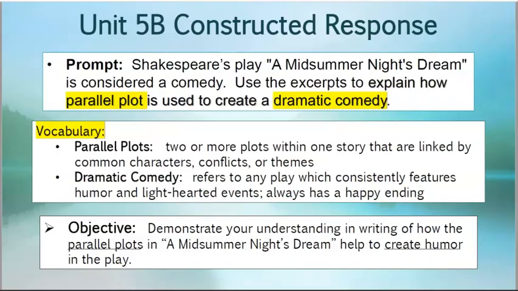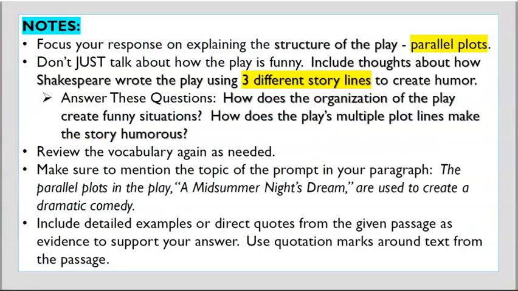So the objective for this assignment: demonstrate your understanding in writing of how the parallel plots in A Midsummer Night's Dream help to create humor in the play. Here are some notes. You want to focus your response on explaining the structure of the play, specifically parallel plots. Don't just talk about how the play is funny.